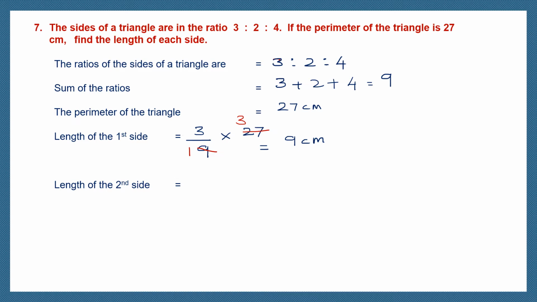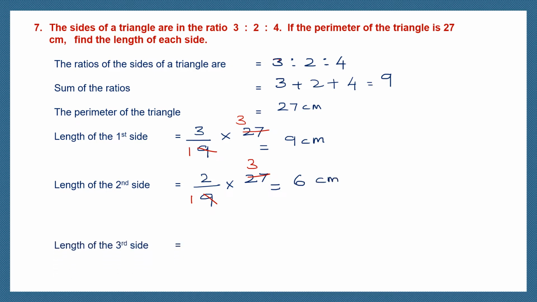Now let's go on to the length of the second side. We have 2 as the second term divided by 9 into the perimeter, which is 27. Now let's cancel. 9 ones are 9, 9 threes are 27. Now let's multiply the numerators. 2 threes are 6, 6 centimeters.